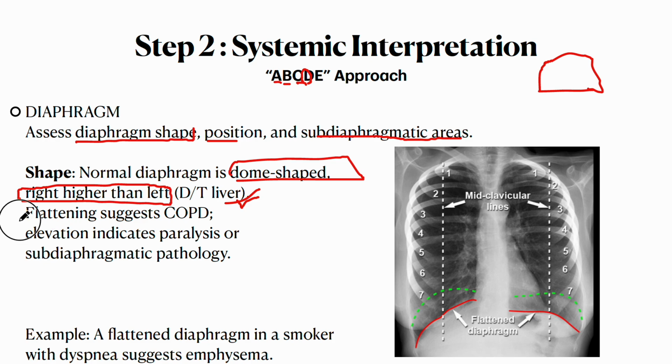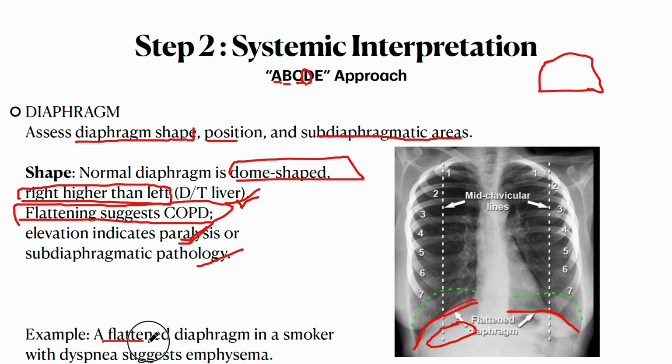And flattening of diaphragm suggests COPD, chronic obstructive pulmonary disease. There can be flattened diaphragm like this. Here you can see flattened diaphragm. And elevation suggests paralysis or subdiaphragmatic pathology. Like if there is something below the diaphragm, that can cause elevation of the diaphragm, and also the paralysis, that is phrenic nerve damage, can cause elevation of diaphragm, right?